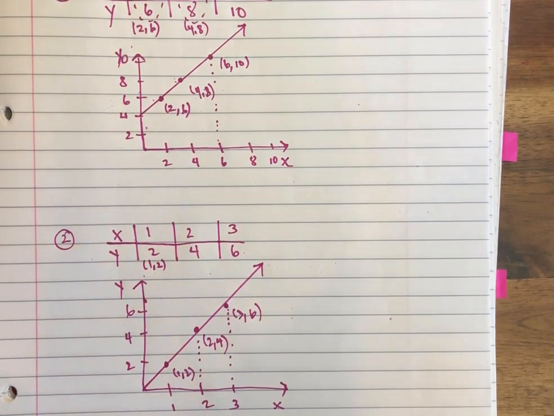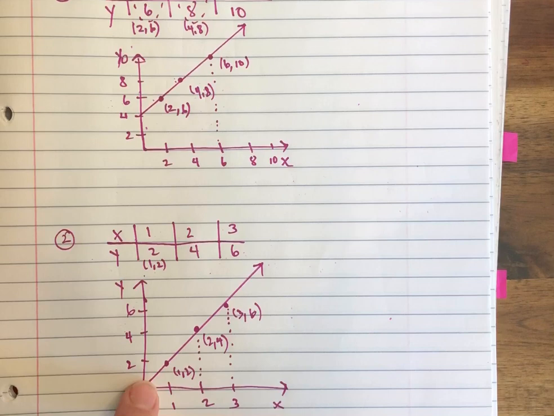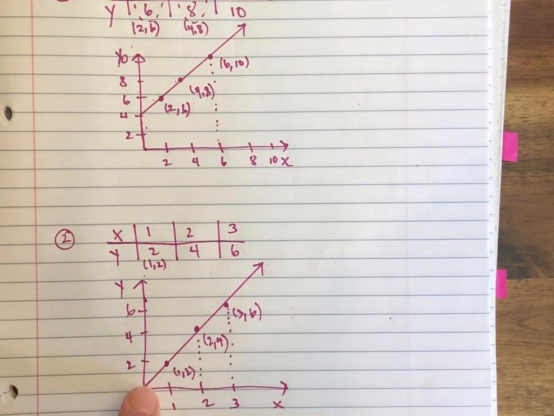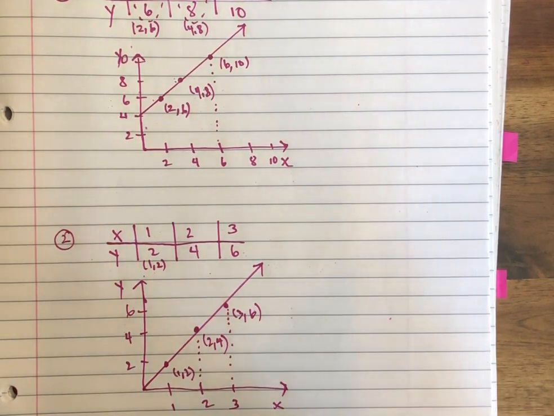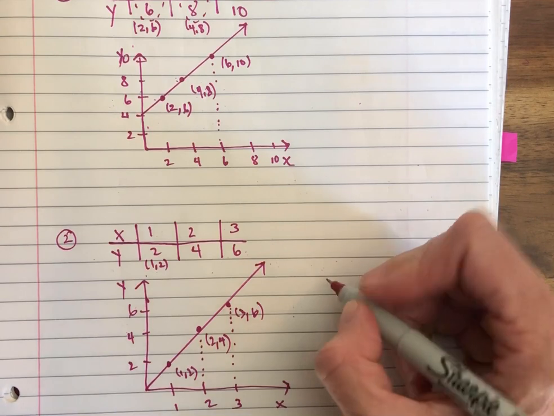Looking at the graph, this is the big idea right here, okay? This is proportional because the graph passes through the origin, through 0, 0. And that would be the explanation that you need to write.